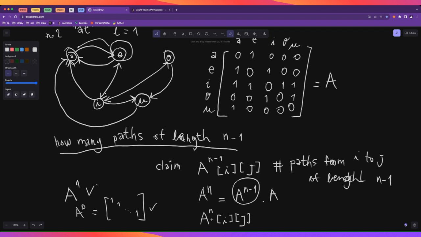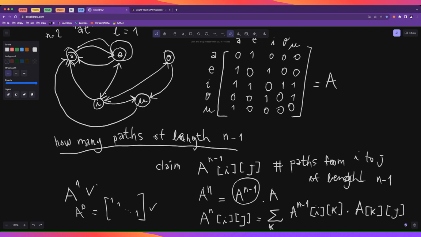The element at row I and column J of A to the n is going to be the sum for all the possible k's of A to the n minus 1 from I to this middle node K times A from K to J.